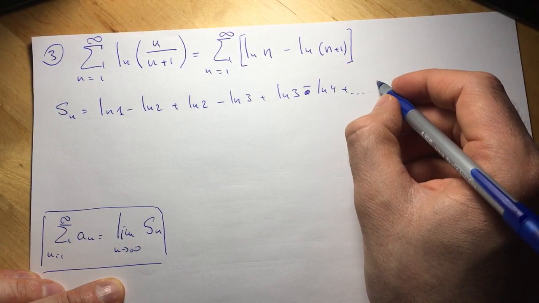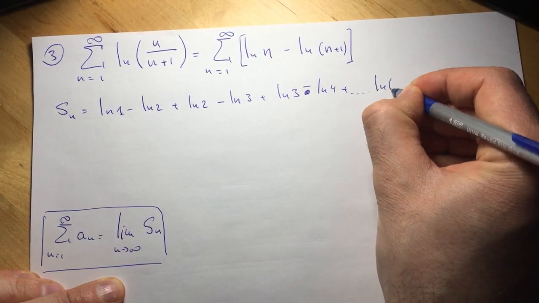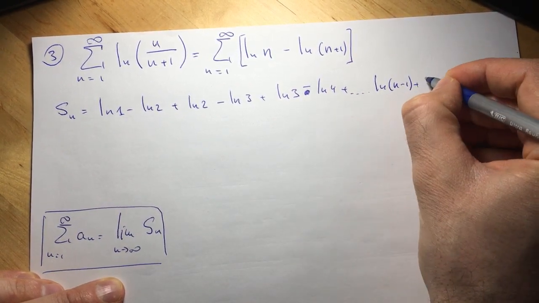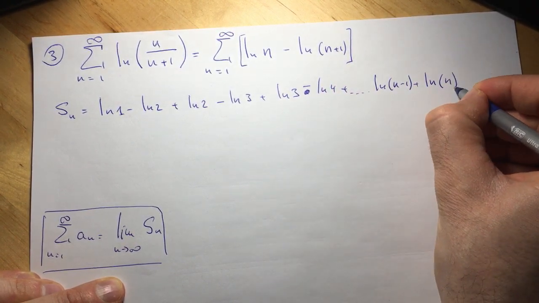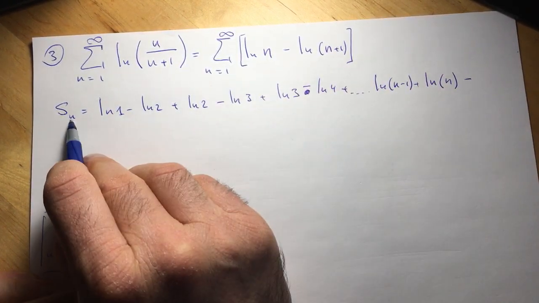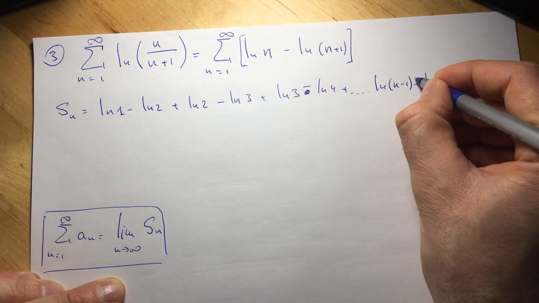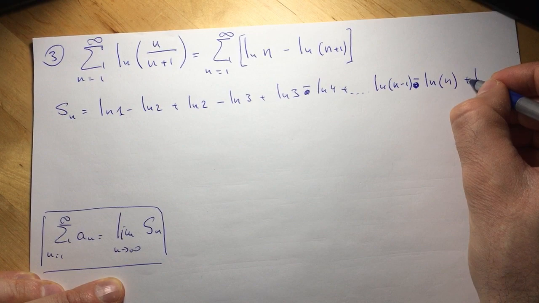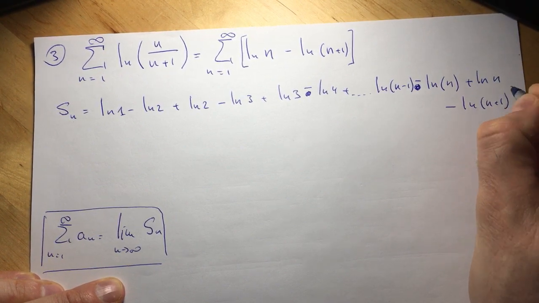And then we can do when n is n minus 1, right? So ln of n minus 1 minus ln of n minus 1 plus 1, which is just ln of n, and so the nth term is plus ln of n minus ln of n plus 1.